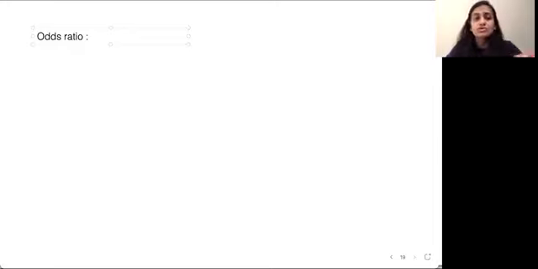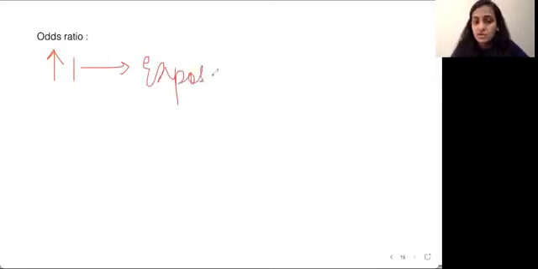You don't need to know how to calculate the odds ratio. Just know that if your odds ratio is greater than 1, that means if you have been exposed to that particular virus, such as COVID, there is an increased risk of you having the condition.